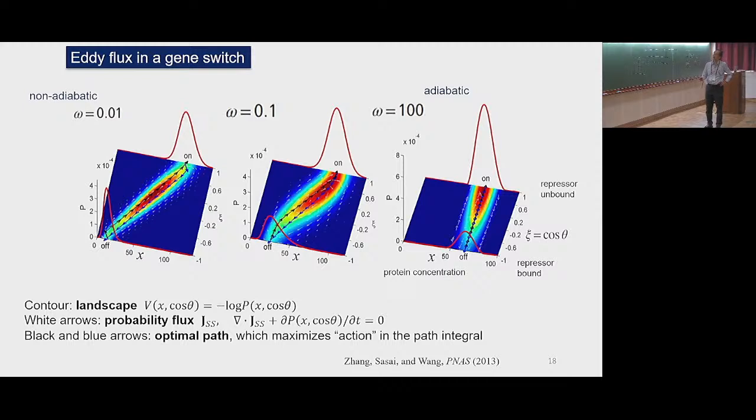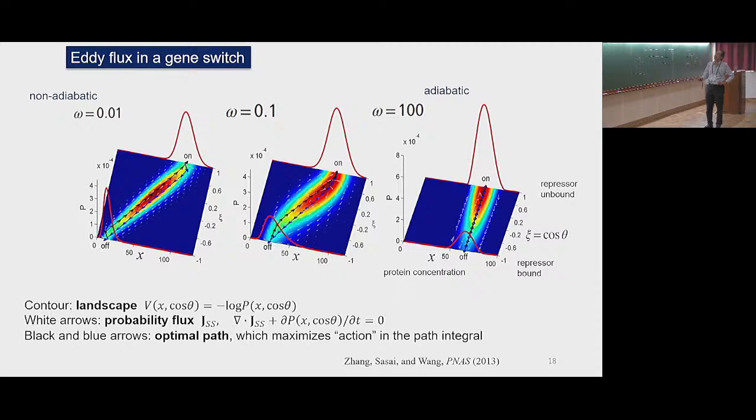And this color shows the landscape of V. It's the logarithm of the stationary state distribution, and this is a basin, and this is a distribution projected on the repressor unbound state and repressor bound state, gene on state and gene off state.